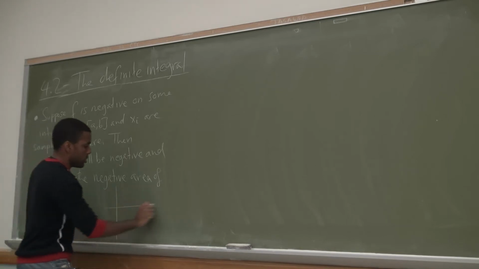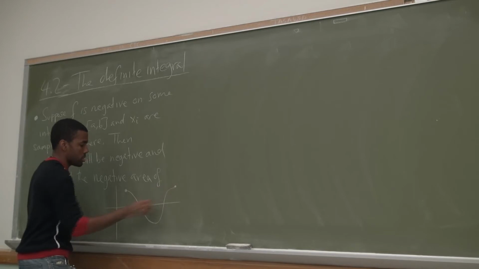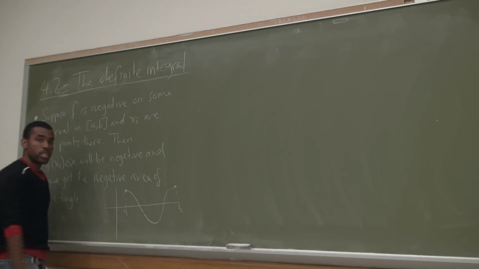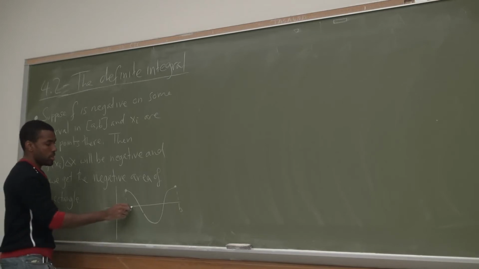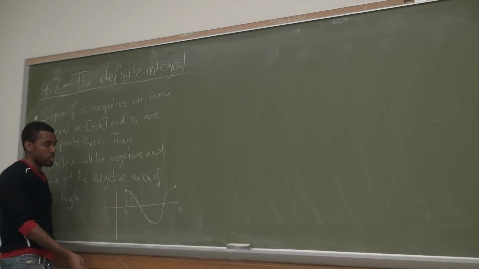So this is just saying if we start to do a Riemann sum on A, B, and there's some interval where our function is negative, then over here our rectangles would go here and we'll just be taking the y value times delta x, we'll get positive areas.